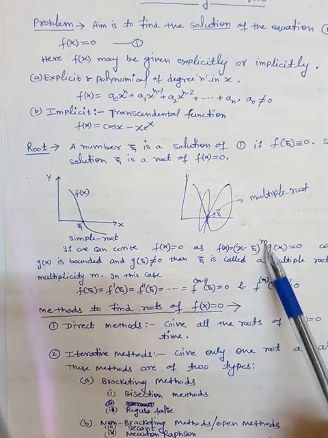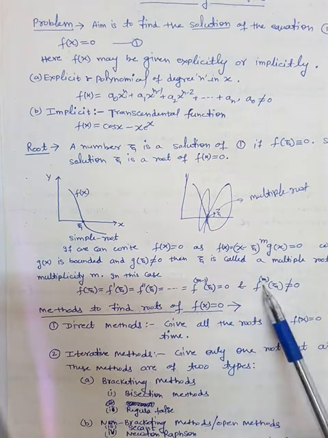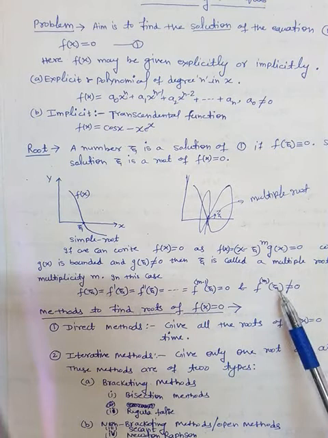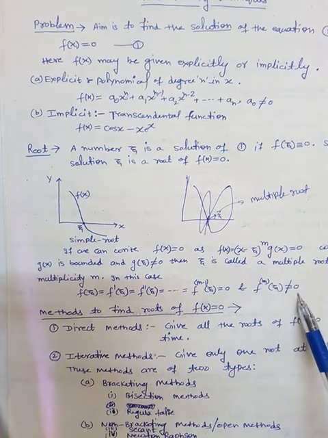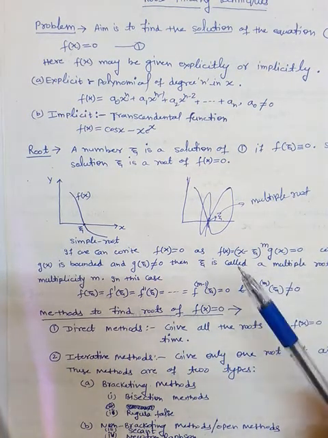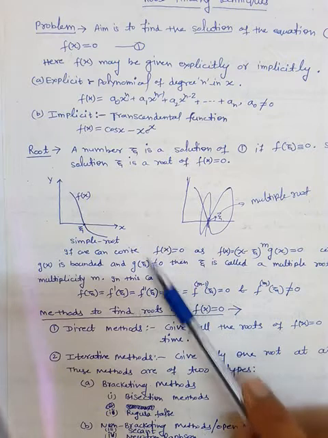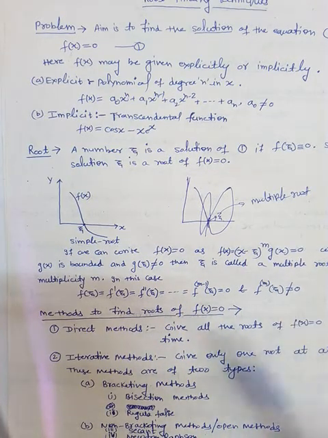But since the multiplicity of the root is m, when you differentiate this function the mth time and put x equal to xi, you will see that its value will be non-zero. So using this concept, if you have evaluated xi as a root of this function, then with the help of this you can easily find the multiplicity of the root.